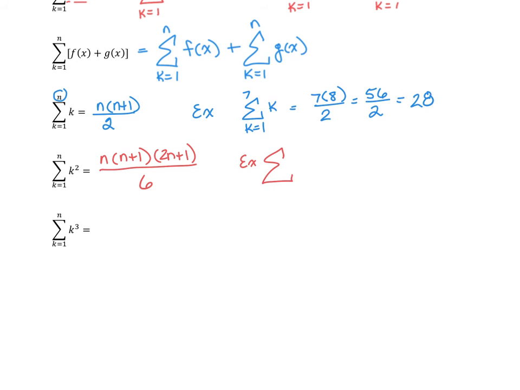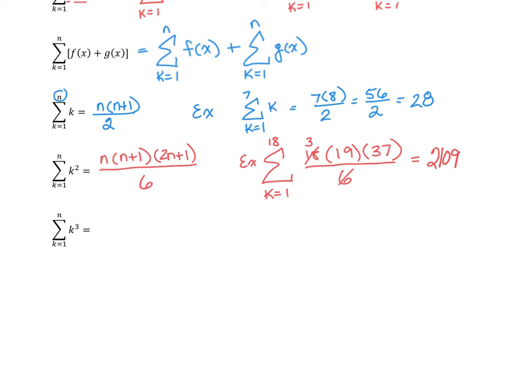So for example, if we want to do k equals 1 to 18, we would do n, which is 18, n plus 1, which is 19, and 2n plus 1, which would be 37, all divided by 6. And 6 goes into 18 3 times, and you get 2,109.